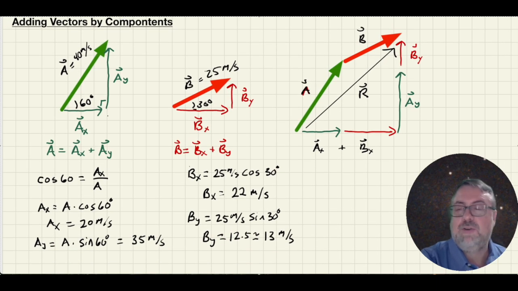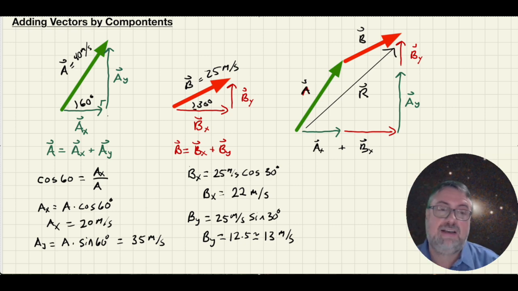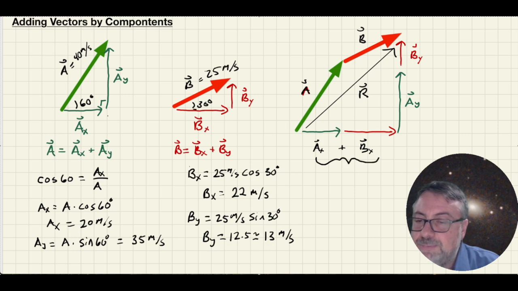So it doesn't matter whether I add my two vectors graphically or whether I first calculate the x parts of each vector and the y parts of each vector and just add the x and y parts. Well, the advantage of that is I don't need to worry about scale anymore because I'm just using trig to find out how large these are. So what we do is we say that the x parts added together make up the x part of my result.